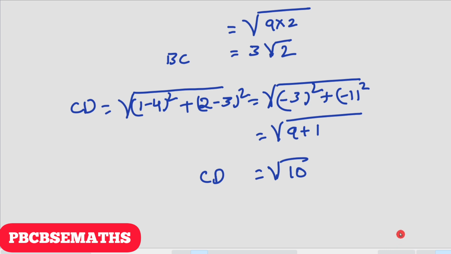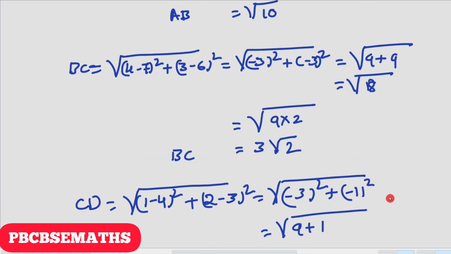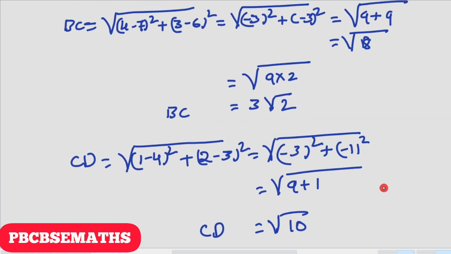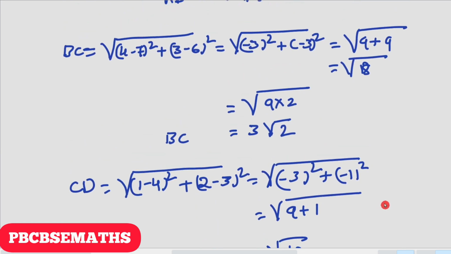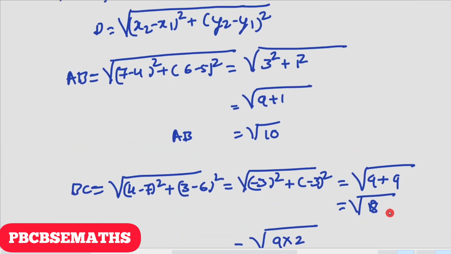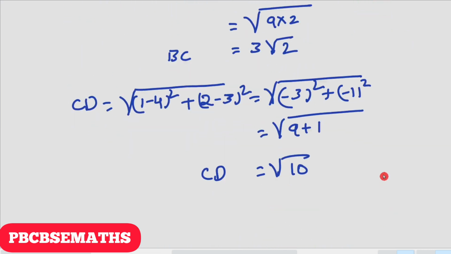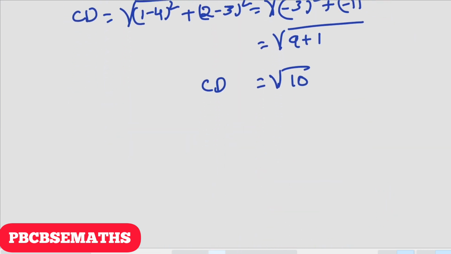Now we got the values of three sides. Let's observe these side values here. CD value is root 10, BC value is 3 root 2, AB value is root 10. Let's find the last value, that is AD. So AD is equal to square root of, consider the coordinates of point A as x1, y1 and the coordinates of point D as x2, y2.